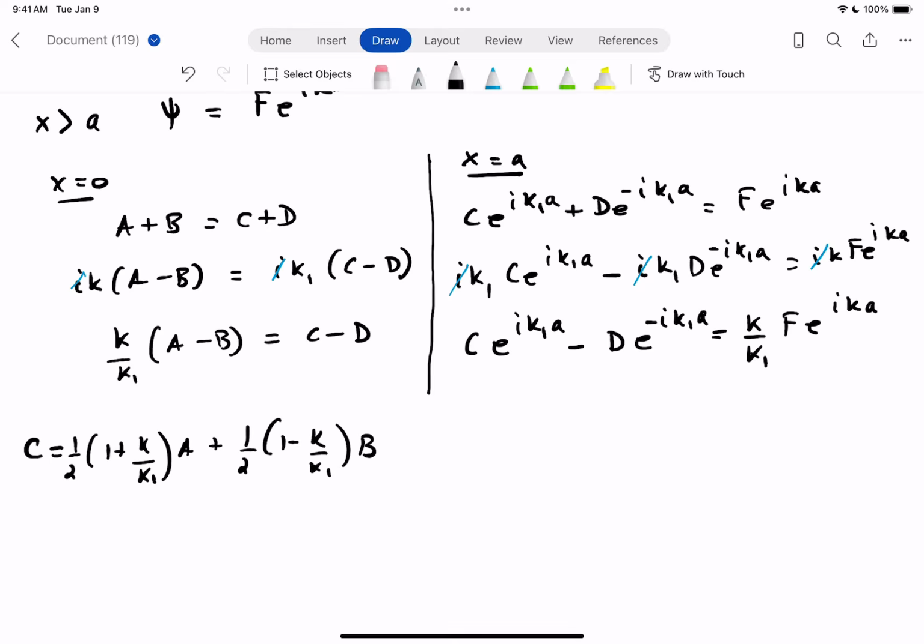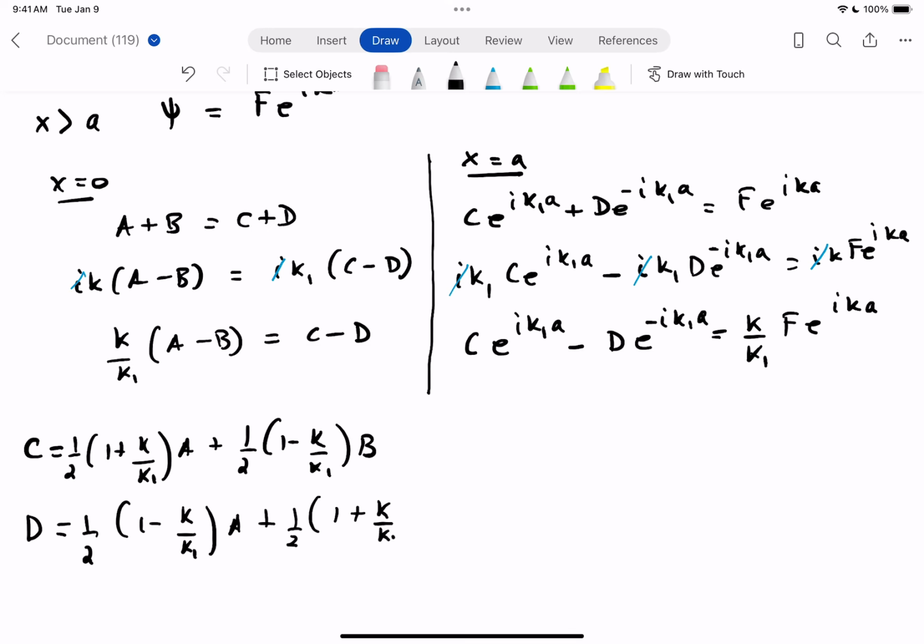This is just by adding the two equations. If you add the two equations, the D's will cancel out and you can solve for C that way. And if you subtract the two equations, the C's will cancel out and you can solve for D. And so D will turn out to be (1/2)(1 - k/k1)A + (1/2)(1 + k/k1)B.